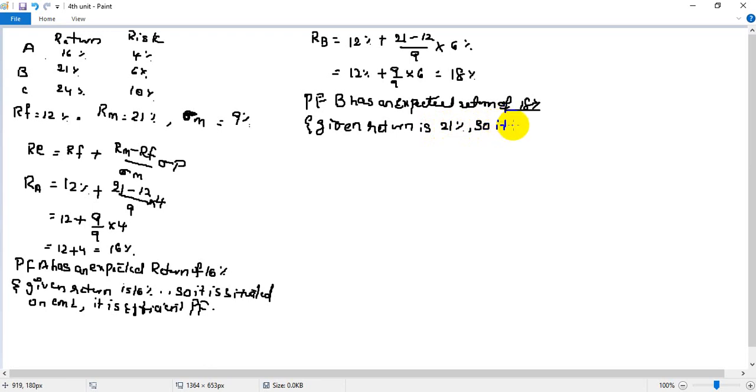So it is not situated on CML. It is not an efficient portfolio.